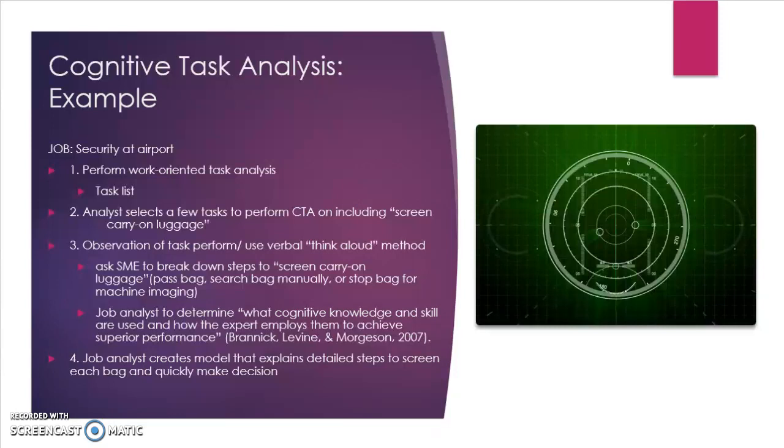There are 3 possible decision choices to choose from: passing the bag, searching the bag manually, or stopping the bag for further machine imaging. The first option, passing the bag, means that the carry-on luggage or bag went through the machine.